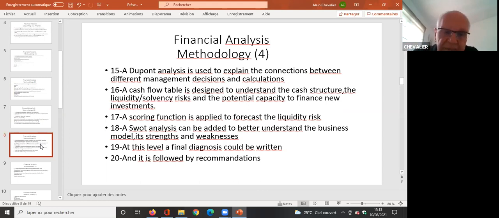So this is another way to find measures for liquidity and solvency risk. I will come to the details of this calculation and what it means. Of course, it's not an analysis without any mistake. But anyway, it is a first element of analysis of liquidity and solvency risk.